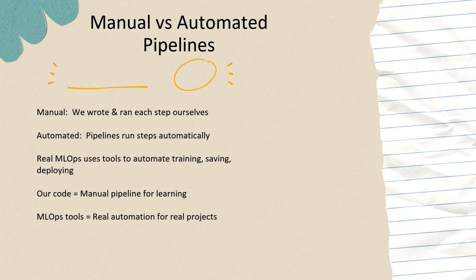In the case of MLOps, it creates a pipeline, and through the pipeline every step is run automatically. That is the beauty of MLOps. It uses a set of tools to automate training, saving and also deploying.